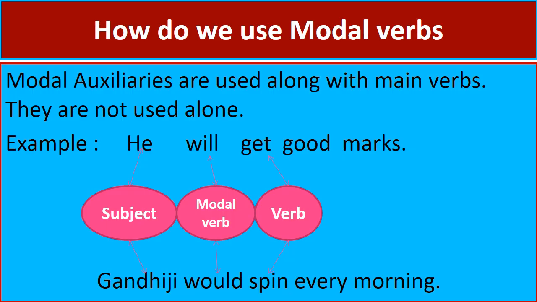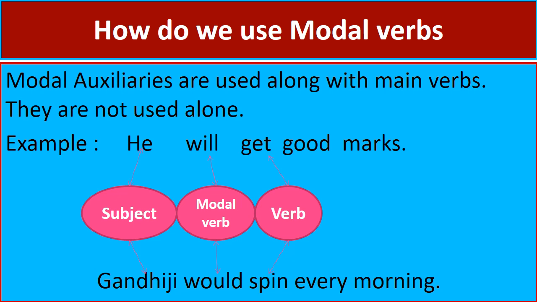Now students, let us see how do we use modal verbs. Modal auxiliaries are used along with main verbs. They are not used alone. For example, he will get good marks. So here he is the subject, will is the modal verb, and get is the main verb.